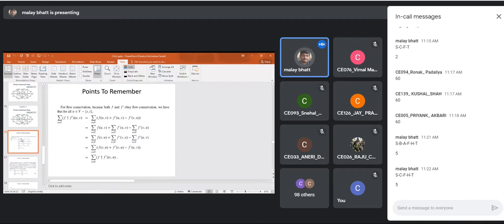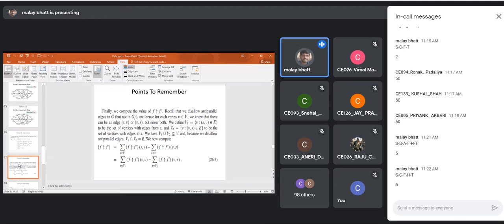We have discussed these 4 steps, steps 2, 3 and 4. Clear? So now using this concept, we'll prove a new thing, and that is what we have to learn today.